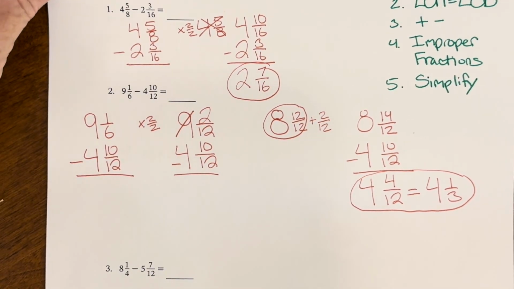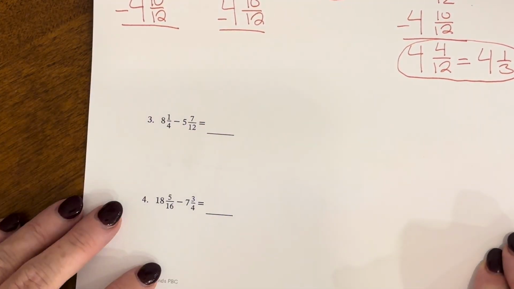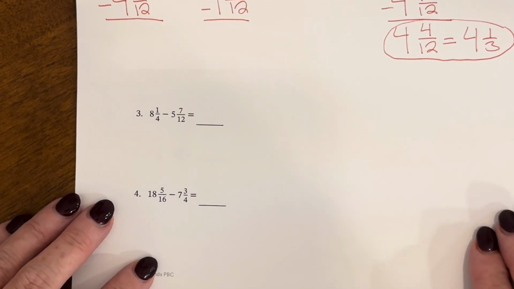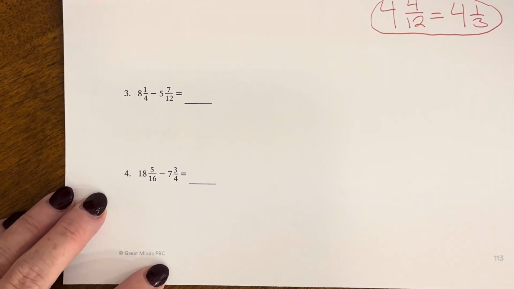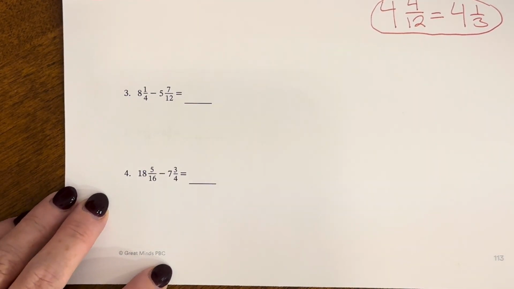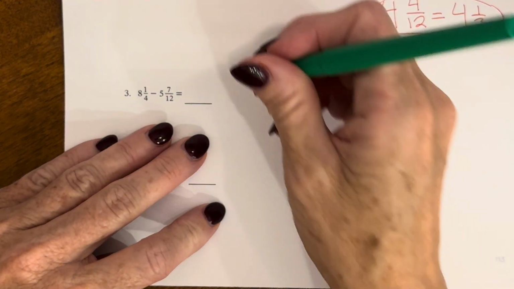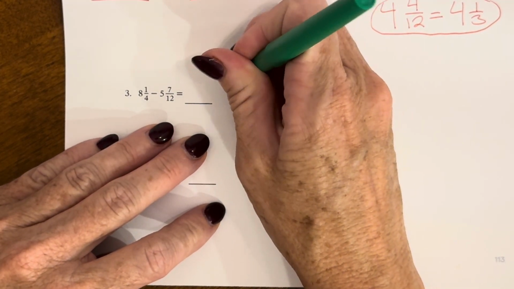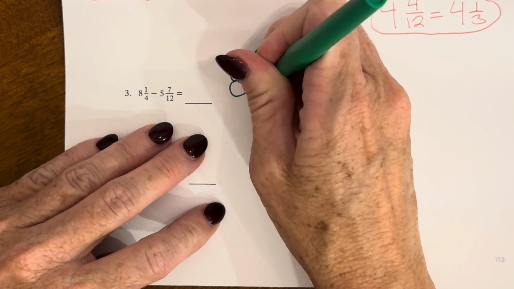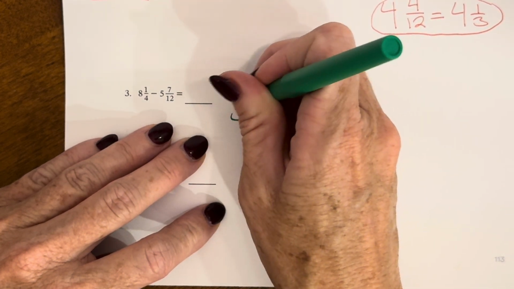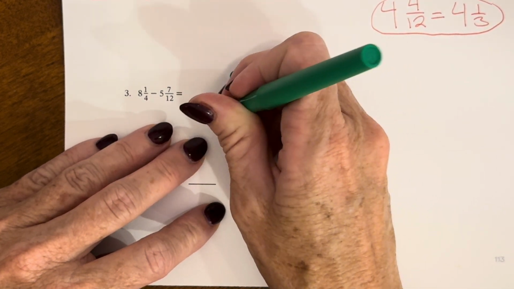Okay, so let's do some of these together. So on number 3, let me get my right pen. Okay, the first thing we're going to do is set up our problem. So I have 8 and 1/4 take away 5 and 7 twelfths.